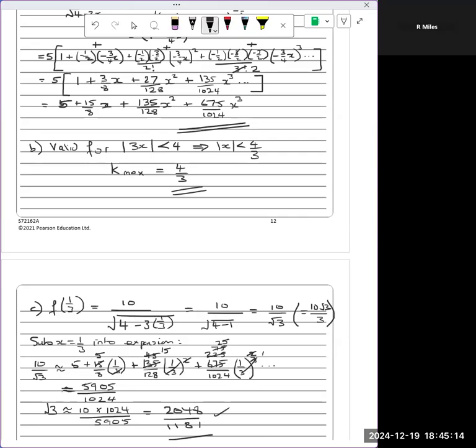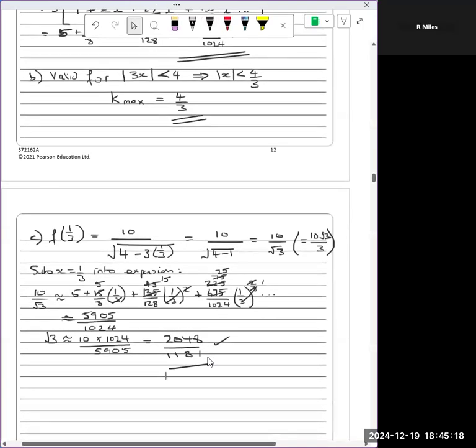Okay. If you did it the other way, you'd do the same thing, but instead of 10 over root 3, you would have 10 root 3 over 3 is approximately the same fraction, 5905 over 1024.